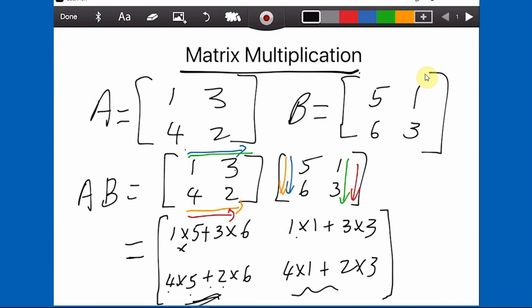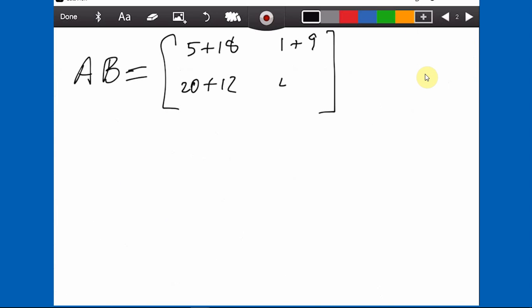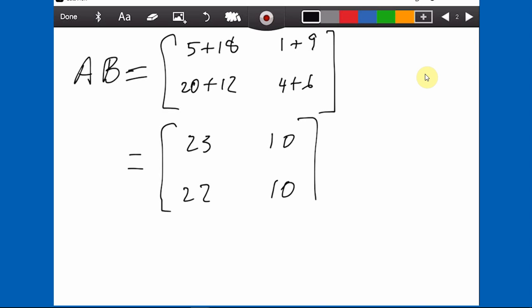And then the last one, 4 by 1 is 4, plus 2 3s are 6. And now we just add those numbers together. 5 plus 18 is 23, 10, 32, and 10. All right, so there's A times B.